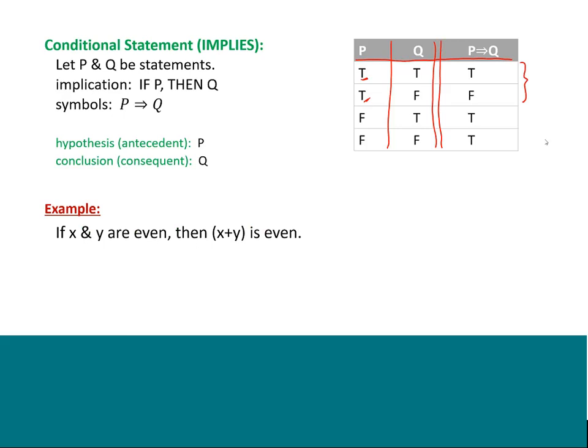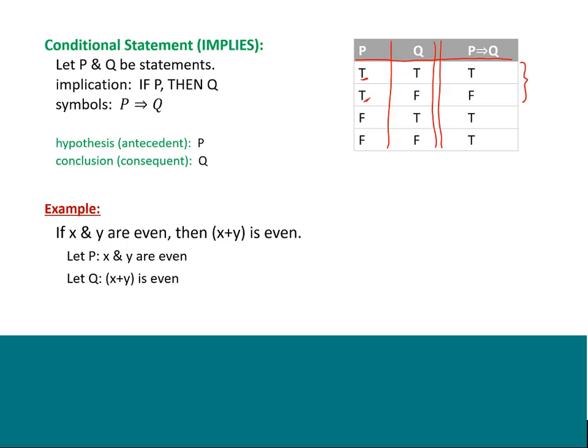Technically speaking, the definition of even says you have to be an integer. In this particular case, the if part of your statement, or your hypothesis, would be the part before the then. In other words, the part attached to the if in the actual sentence, so before the comma. So x and y are even. And the conclusion is we want the sum to also be even.